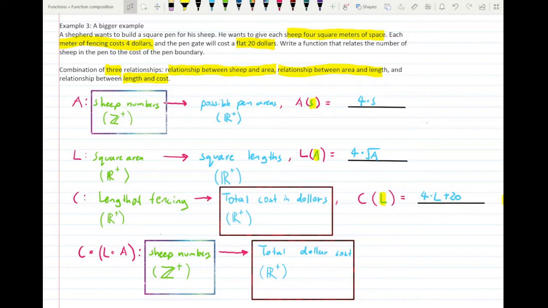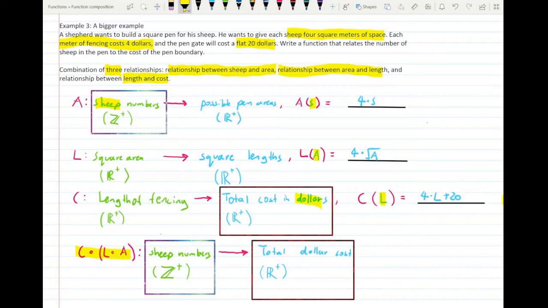It remains then to combine all three of these into one monster function that models the combination of these relationships, C composite L composite A. We know, first of all, that C composite L composite A is going to input sheep numbers, right, and then output total cost in dollars.